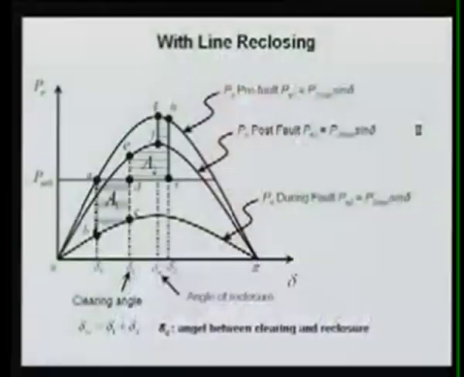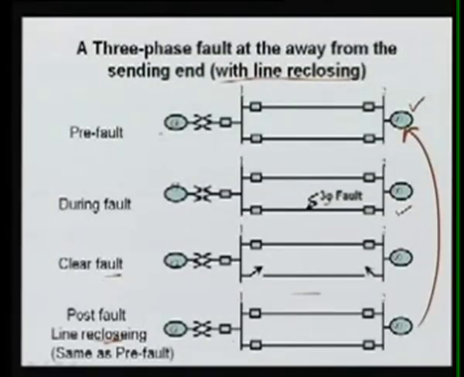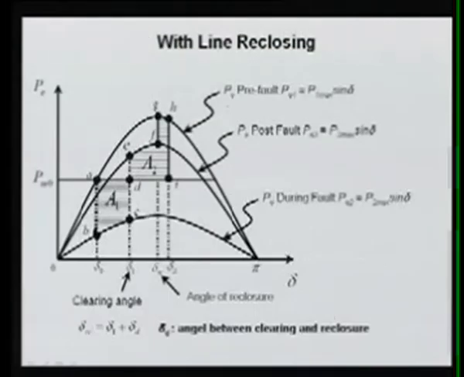Again we have three categories here. Your pre-fault and your post-fault with the line reclosing have the same impedance, so the same curve, and that curve is written as the PE of pre-fault. During the fault it is similar.